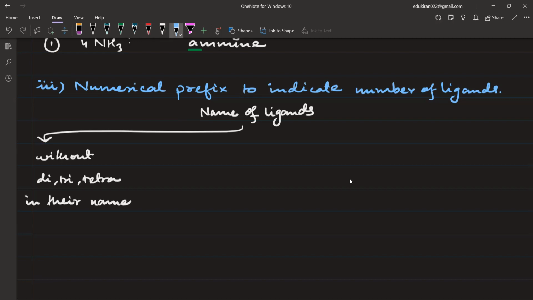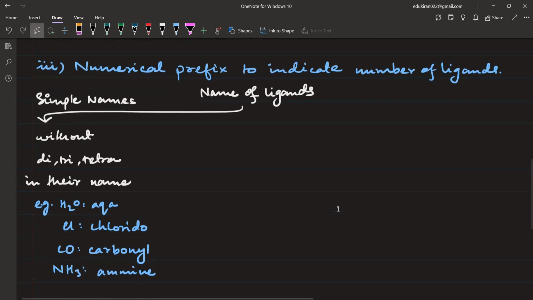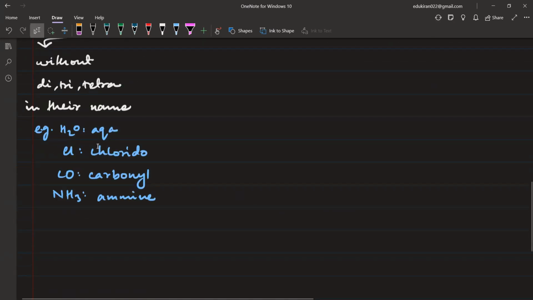For example, you have H2O. It is as simple as aqua. Cl is chlorido. You have CO, which is carbonyl. What do you have else? You have NH3, it is amine. So you can call these names simple names. When the name of ligand is simple, then you don't have any di, tri, tetra in their name.